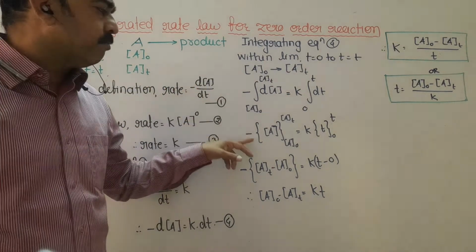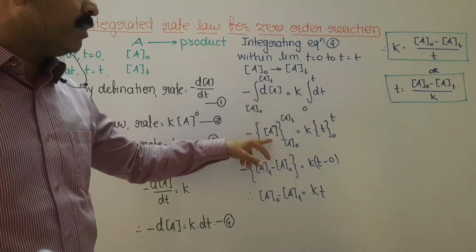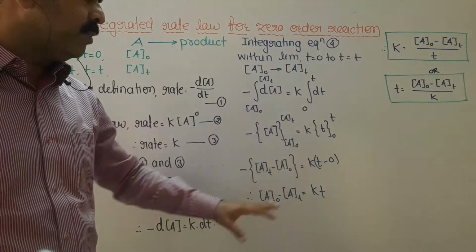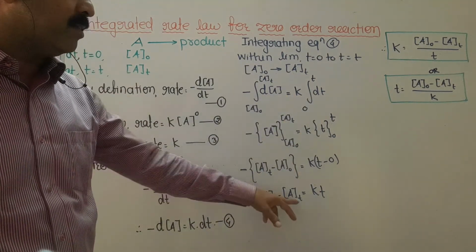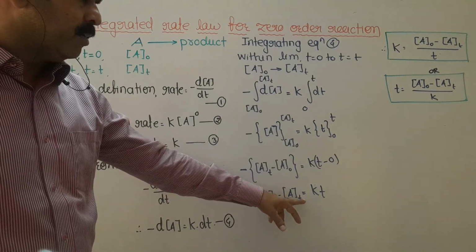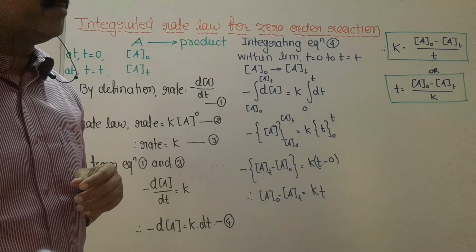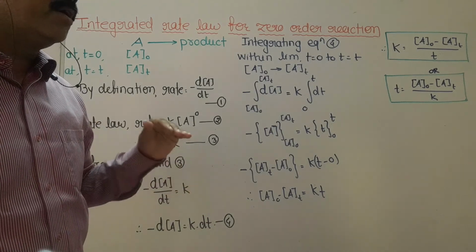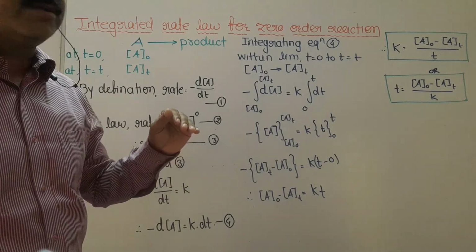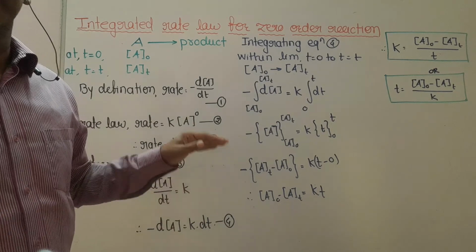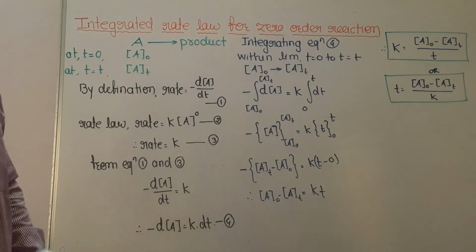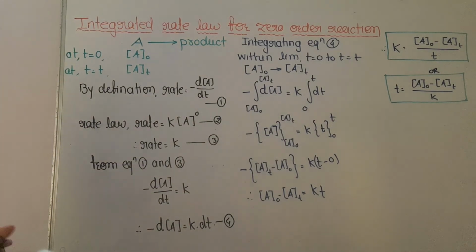We get integration of dA is A, integration of dt is t. Solving this, we get A0 minus At equals kt, where k is the rate constant, so therefore k equals A0 minus At upon t, or t equals A0 minus At upon k. It is the integrated rate law for zero order reaction.